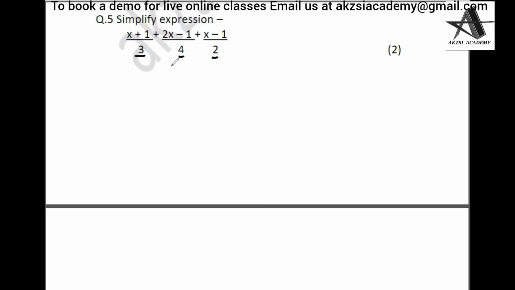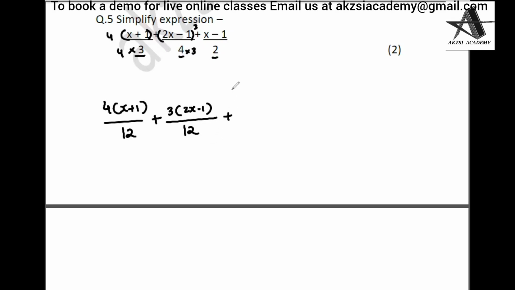If it's 12, that means I need to make 3 into 12. How can I make 3 into 12? By multiplying it with 4, and multiplying the numerator with 4 as well. So this will be 4 times (x plus 1) over 12. I need to make 4 into 12 as well, multiplying it with 3 and multiplying this with 3. So this will be 3 times (2x minus 1) by 12.